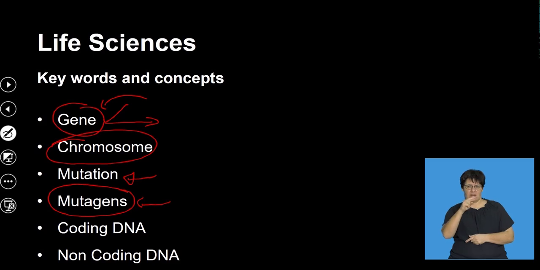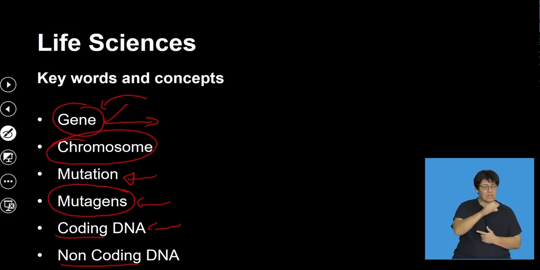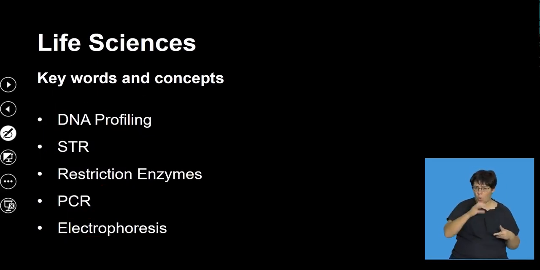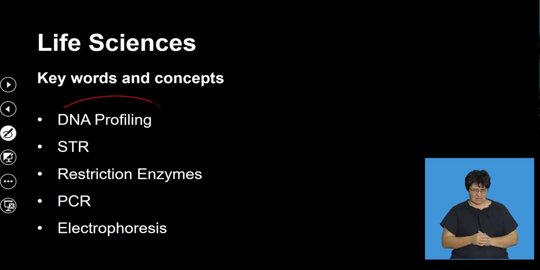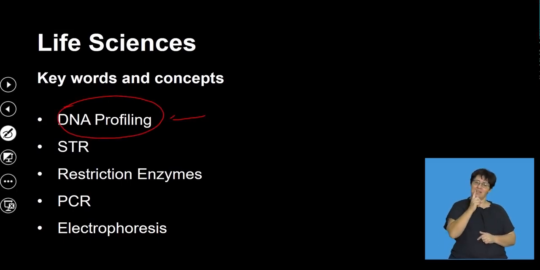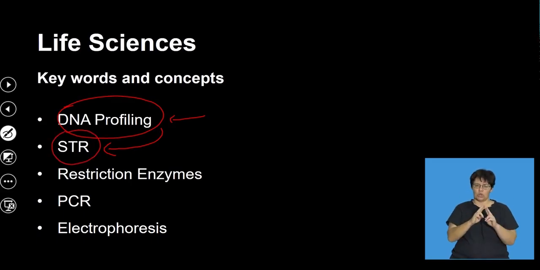During our process of understanding genetic profiling, we're going to look at the concept of what coding DNA is and non-coding DNA. It's important for us to understand what DNA profiling is and its uses. And during that process of DNA profiling, we're going to refer to the abbreviation STRs and try and understand what short tandem repeat sequences are.